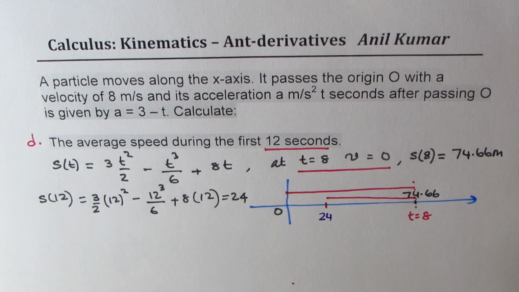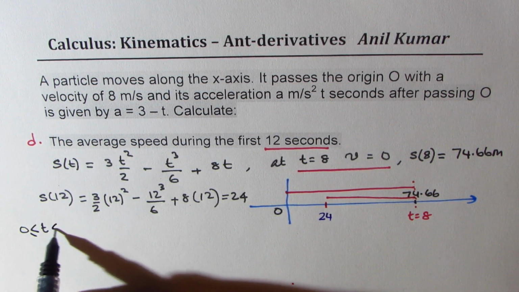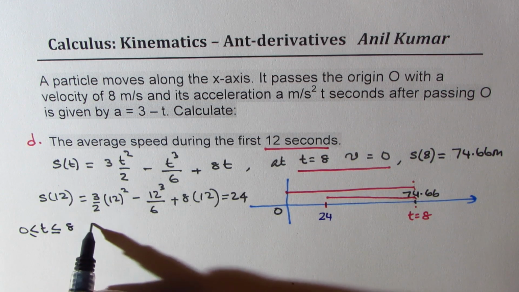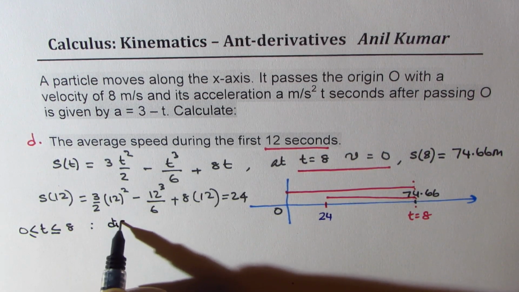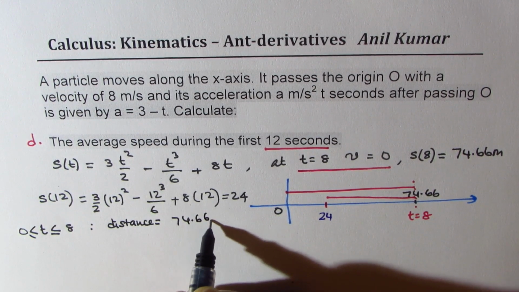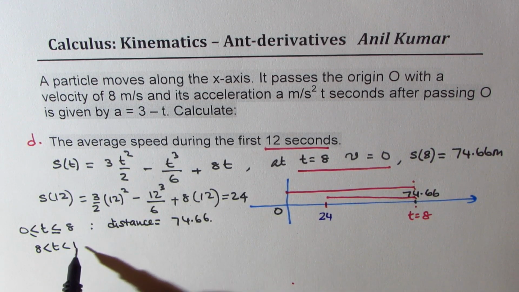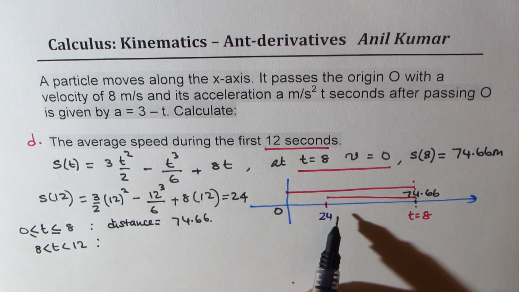Correct? So that means when t is from 0 to 8 seconds, the distance is 74.66. Now when t is from 8 to 12, what is the distance?